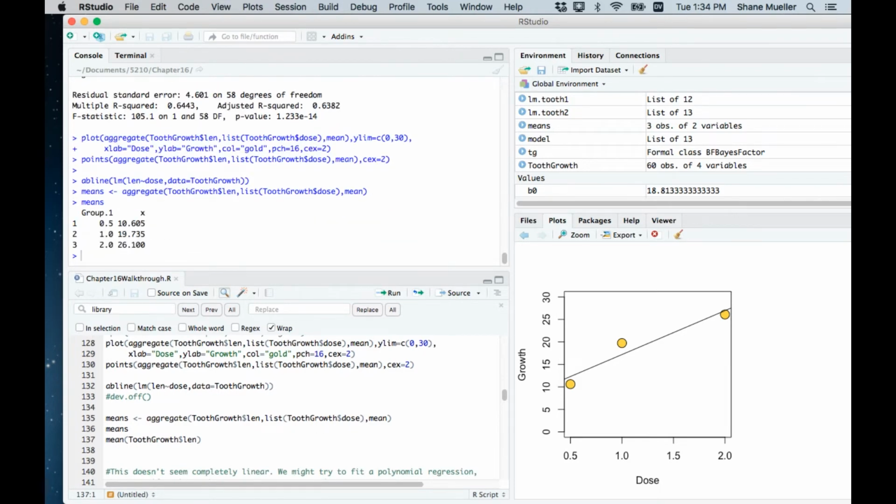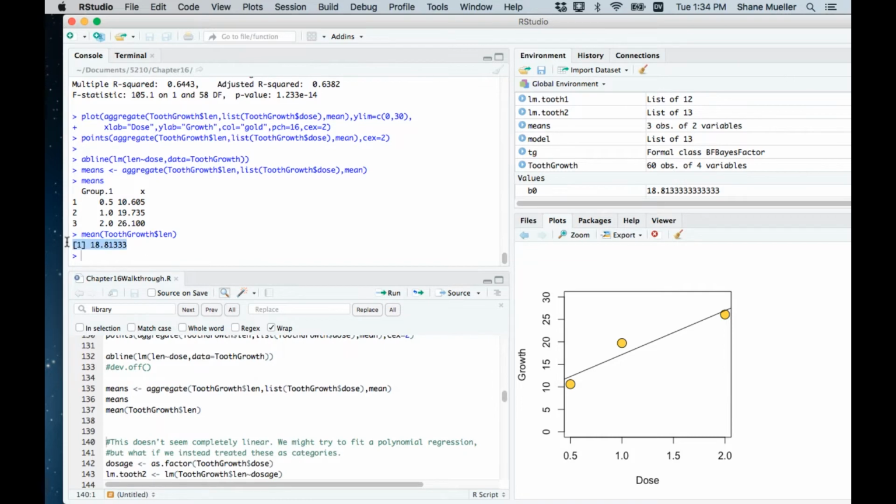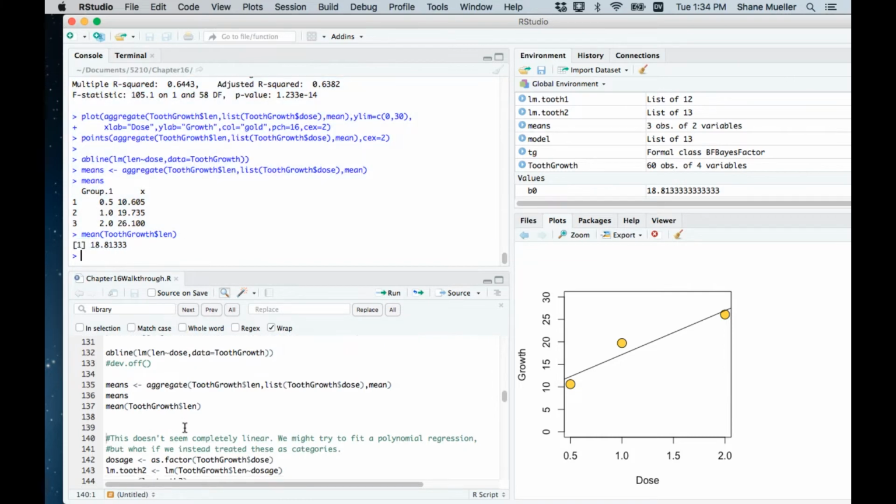If we look at the means, we can see it goes from 10.6 to 19.7 to 26, with the overall grand mean being 18.8, so we'll pay attention to 18.8. All I need to do is create a new variable, I'll call it dosage, that coerces dose, which is a continuous variable, into a factor.